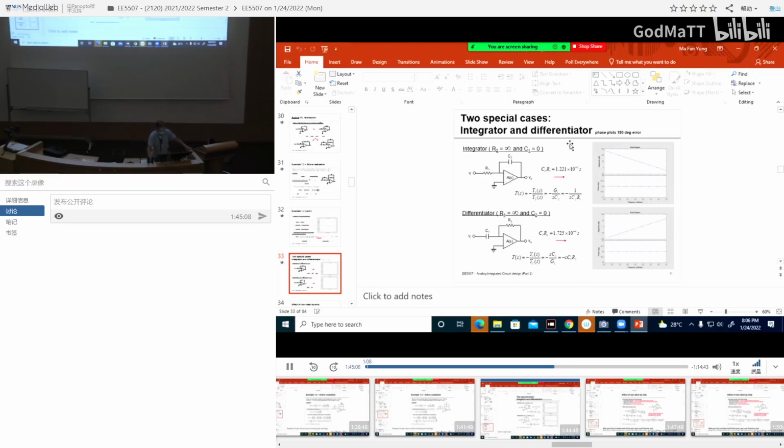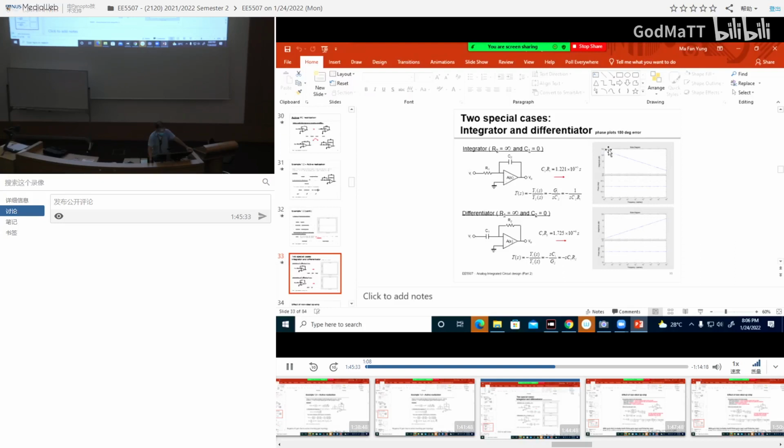Here is the reverse case. Input is C, feedback is R. You end up with a differentiator. So something times S is always a differentiator. Look at the frequency response.